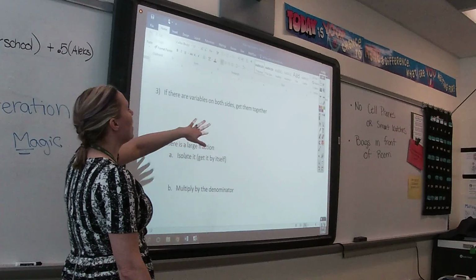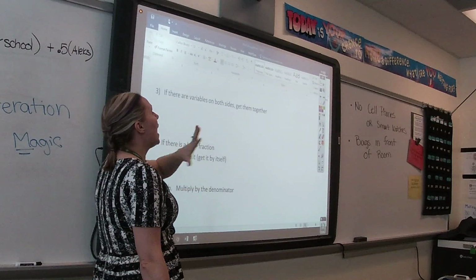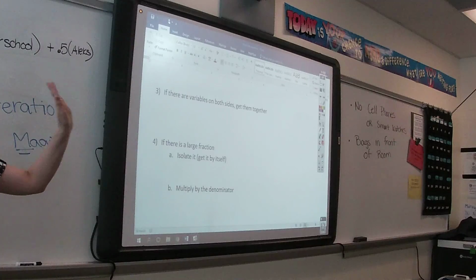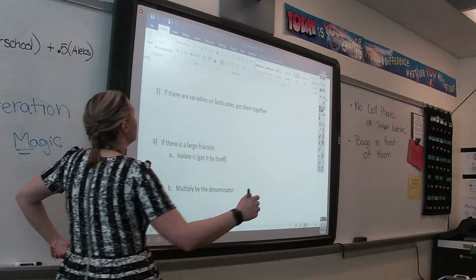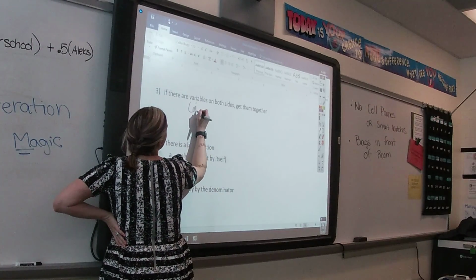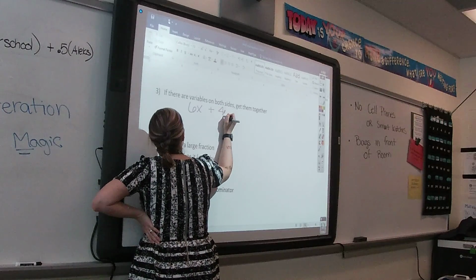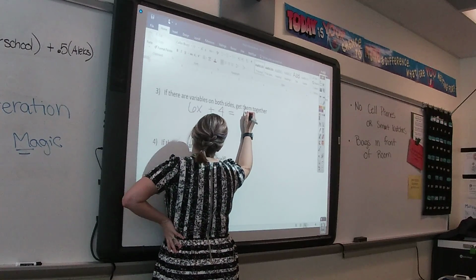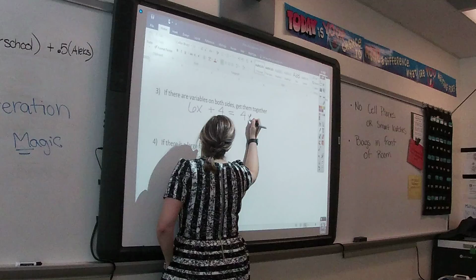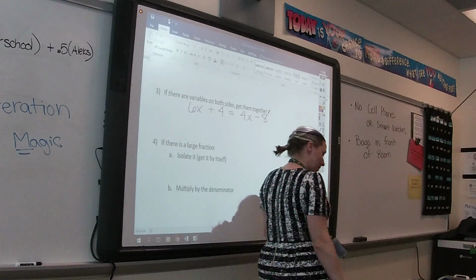Okay, so this is talking about if we look at an equation and we see variables on both sides of the equal sign. So let's say we have something like 6x plus 4 equals 4x minus 8.